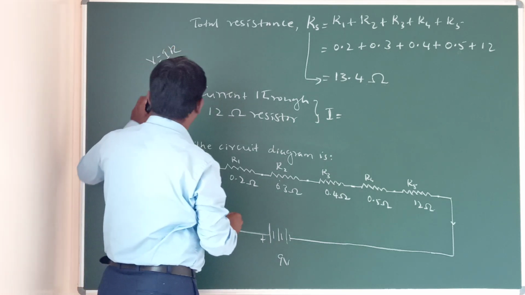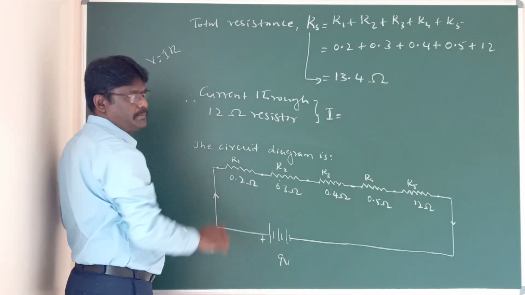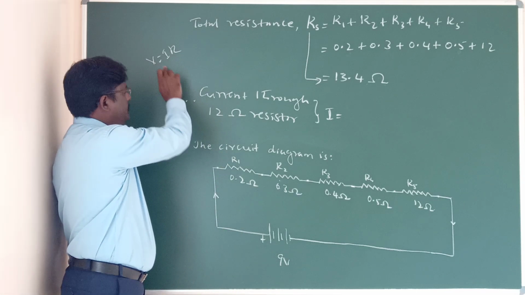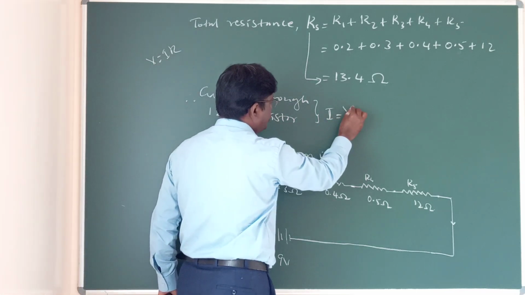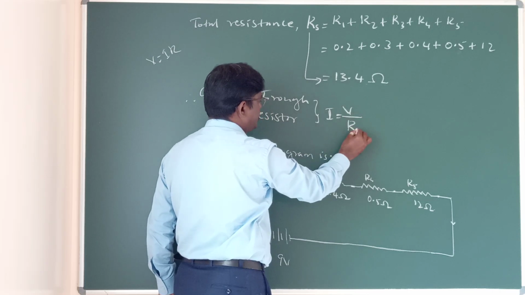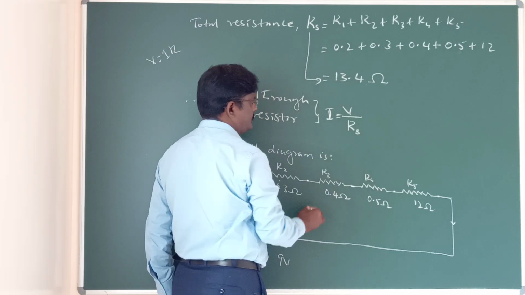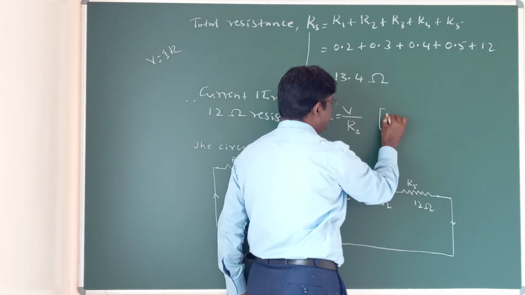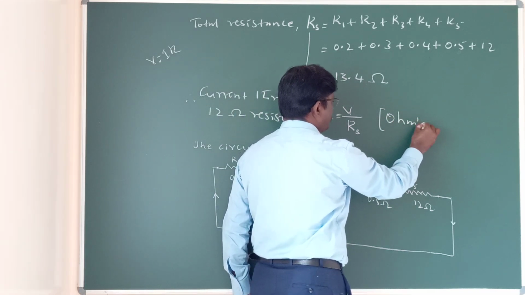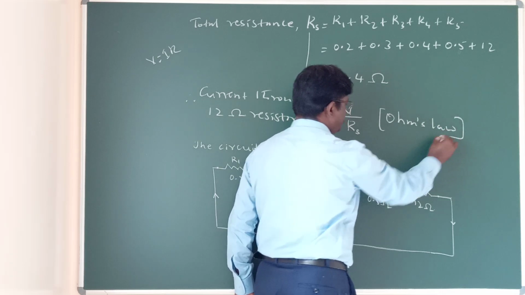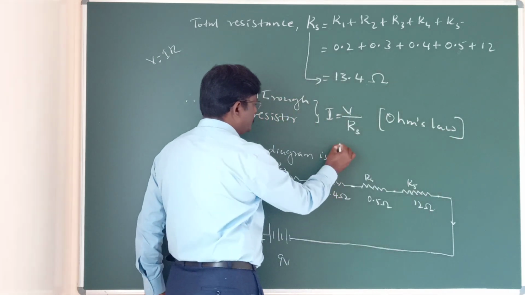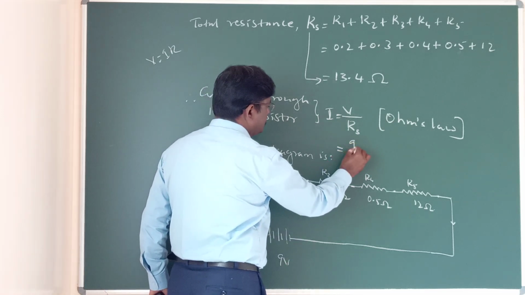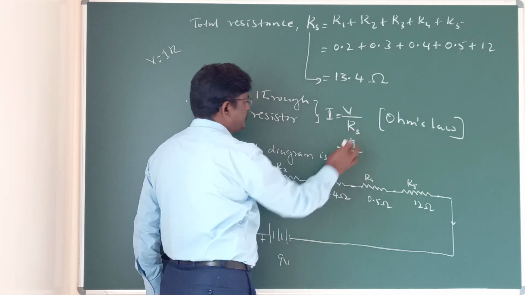When V equal to IR, then I equal to V by R. Here I write that R as Rs by Ohm's law. Now let us substitute. V is 9, so 9 by Rs.